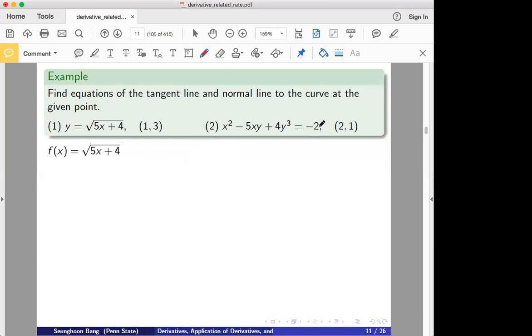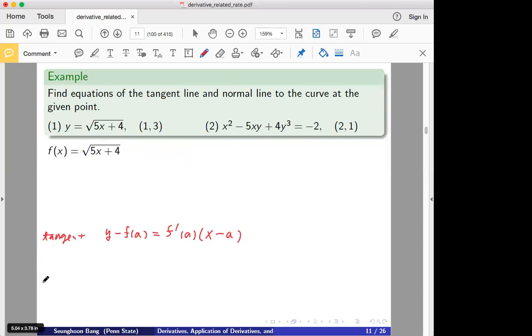I can write the equation of a tangent line first: y minus f of a equals f prime of a times x minus a.